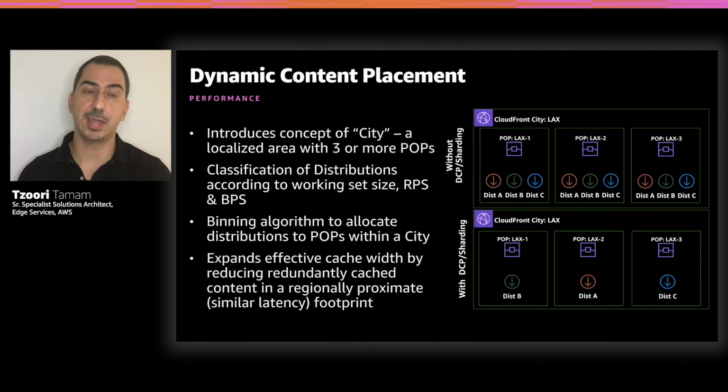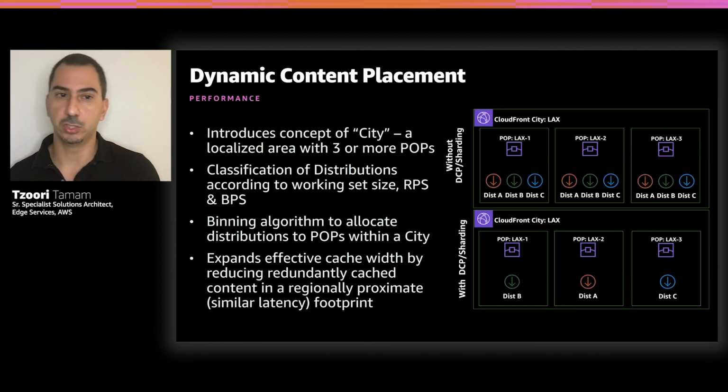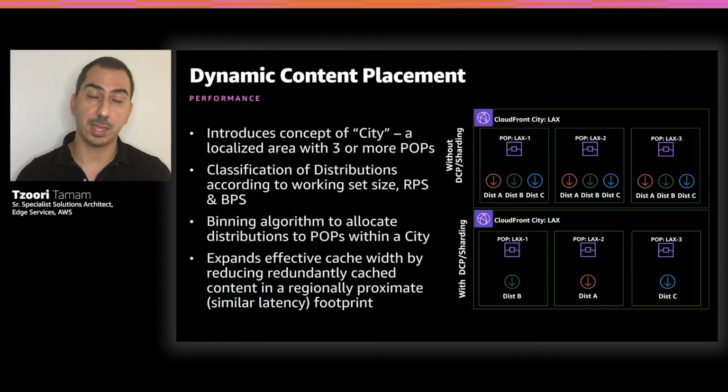Another thing that we've added that allows you a better cache hit ratio is something that you have no control over, which is called dynamic content placement. And by that, we introduced a new concept of a city, and it's only applicable to very large areas where we have multiple edge locations concentrated around the same city, such as LA or SFO, London, any one of these places that have multiple edge locations.